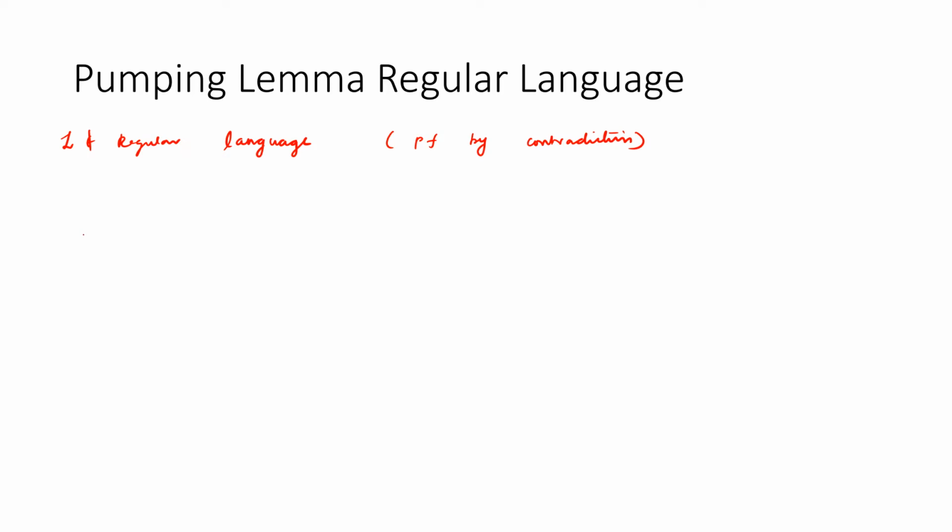For both versions of the pumping lemma, you have something called a pumping constant. We will use this pumping constant to prove by contradiction that a language is not regular. Because it is proof by contradiction, the first step is to assume that L is regular.